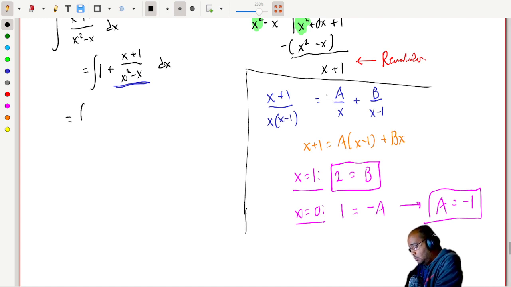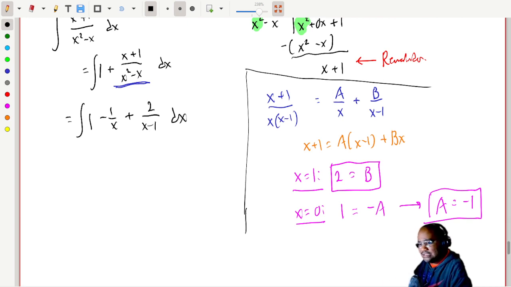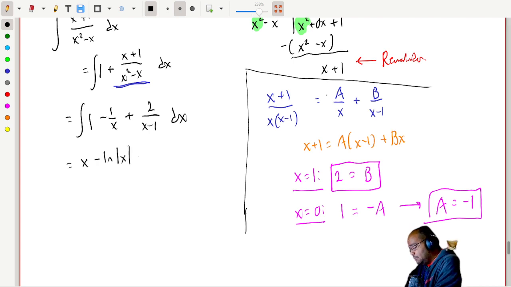So 1 plus, A was negative 1, so I'll just write negative 1 over x, and then plus 2 over x minus 1, dx. And, well, what do we have here? Integral of 1 is x. Integral of negative 1 over x is minus log absolute x. And then plus 2 log absolute x minus 1, plus a constant.